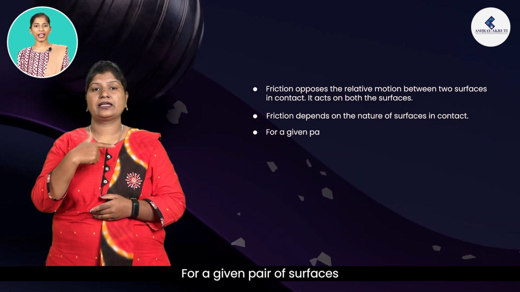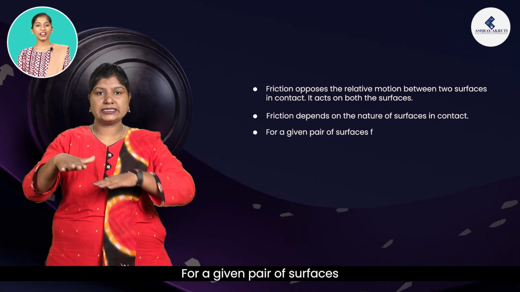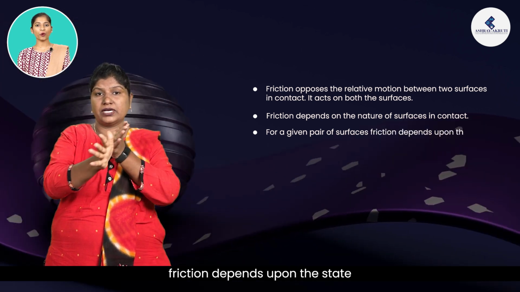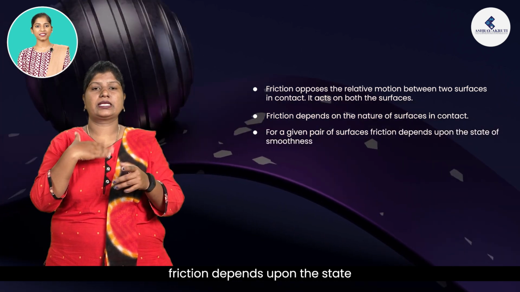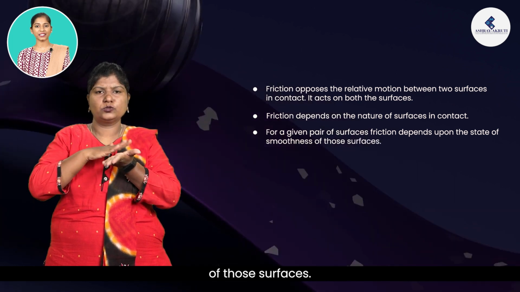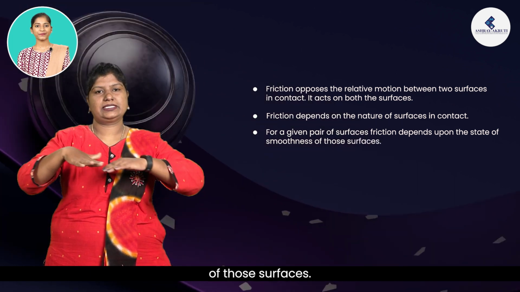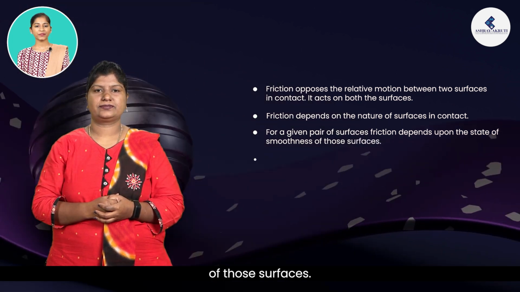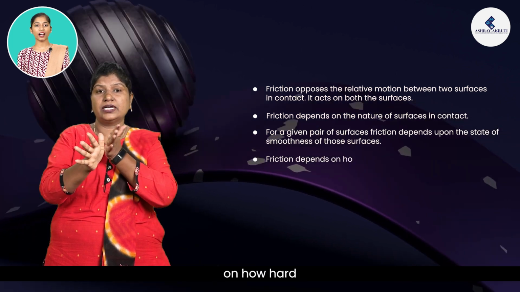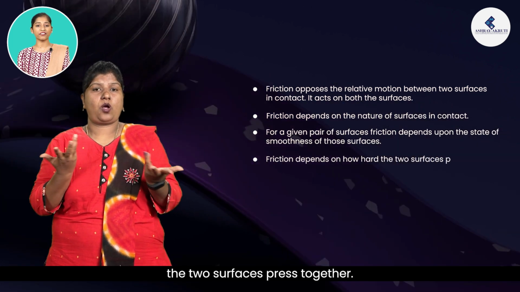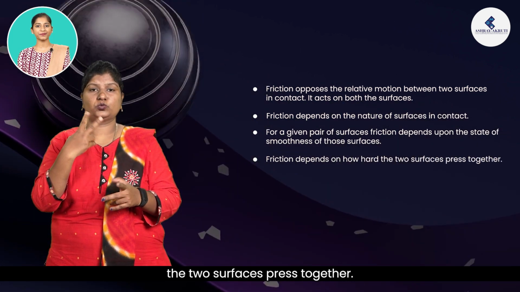For a given pair of surfaces, friction depends upon the state of smoothness of those surfaces. Friction depends on how hard the two surfaces press together.